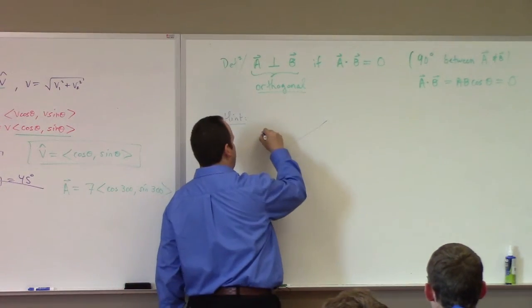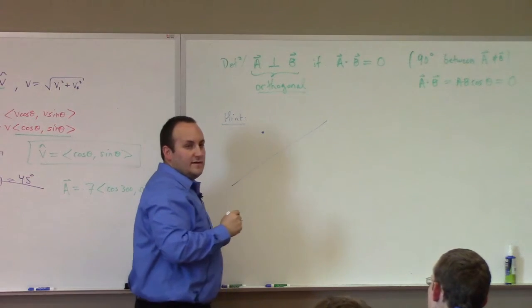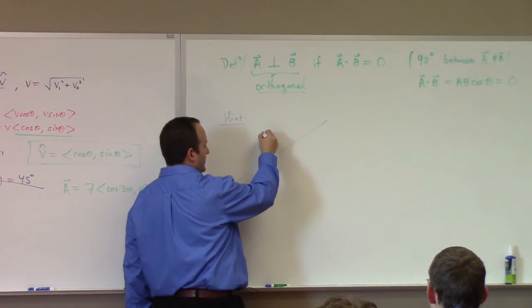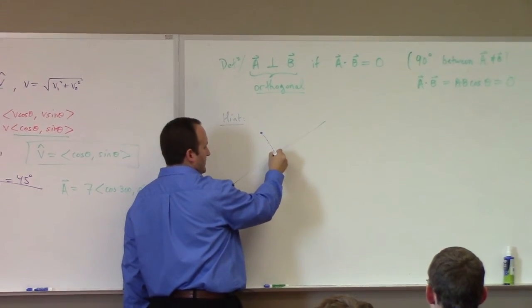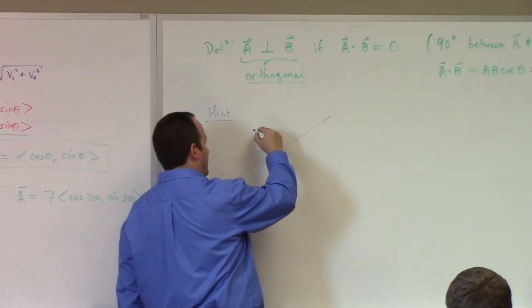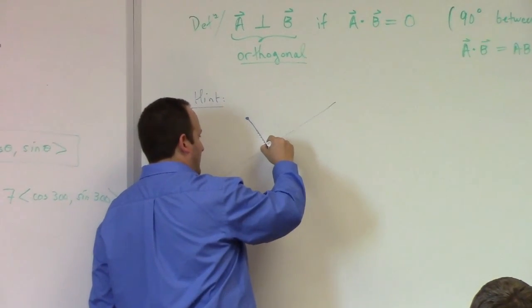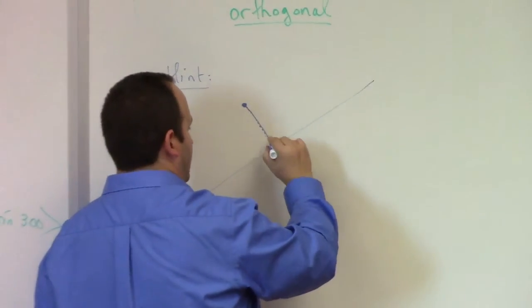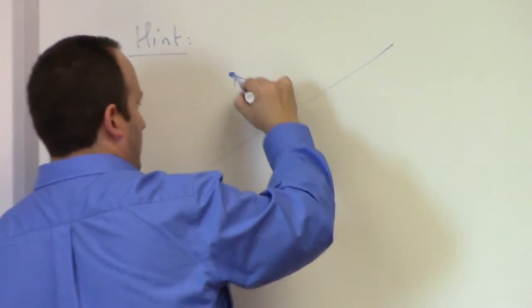If I want to find the distance from this point here to the line, what I want is the closest distance by definition, right? So really what you're looking for then is some kind of vector like that, right? Or like the other way. Let's say the other way, like this, right?